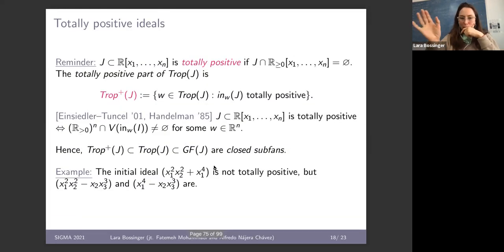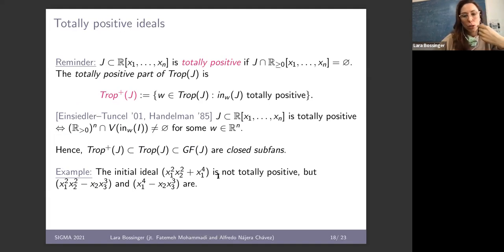Okay, so a quick example just to sort these things out. The result of Einsiedler-Tunkel based on Handelmann's result tells us that this positive part of the tropicalization is a closed subfan of the tropicalization, which itself is a closed subfan of the Gröbner fan. And in our example, we found 3 initial ideals in the tropicalization that corresponded to these 3 binomials.